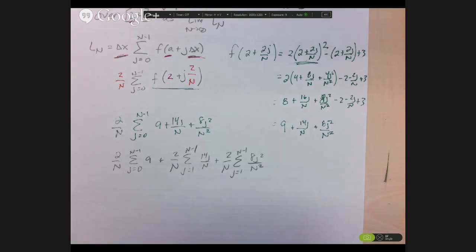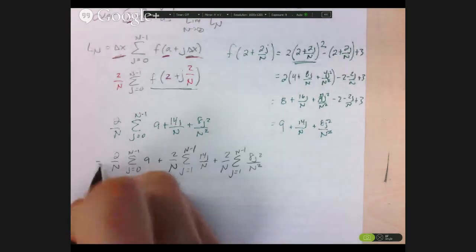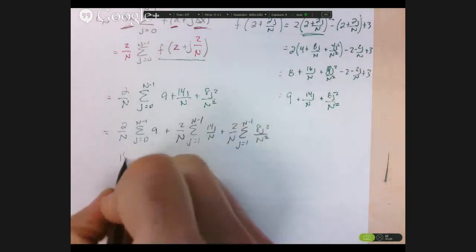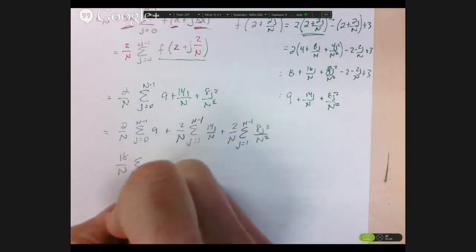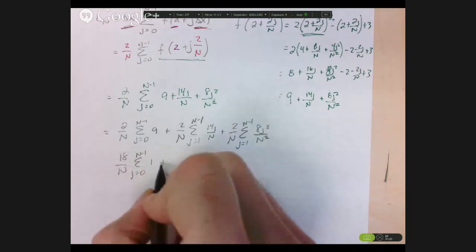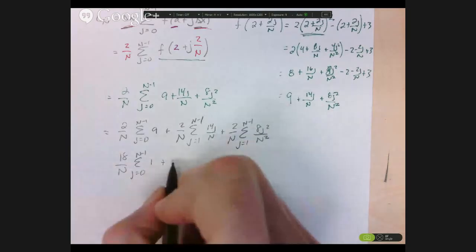All right. Now I'm going to move all the constants out front. So this is 18 over n. This would be 28 over n squared.